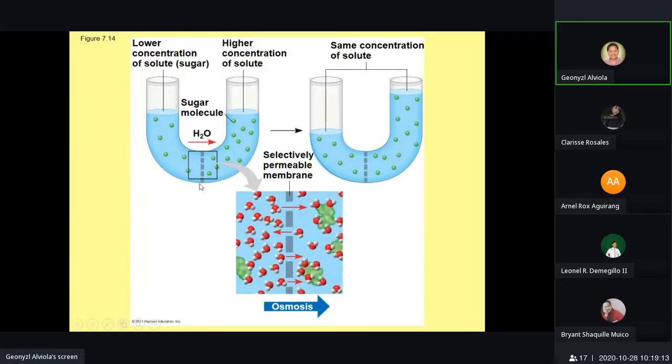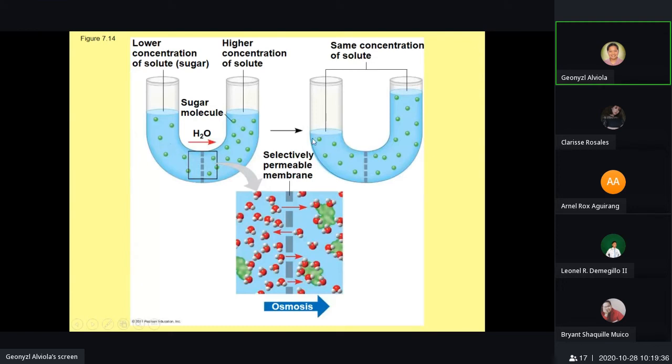So what will happen in a few minutes? Okay, first set up, the other side, maraming molecules of sugar. Pero dito na side, likely hindi matamis pero may molecules of sugar.